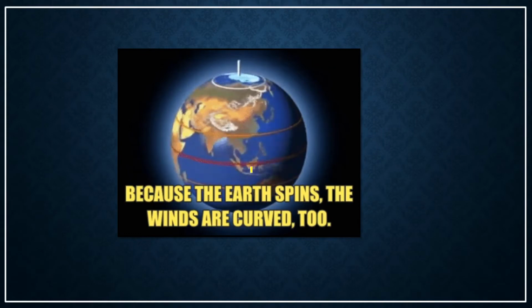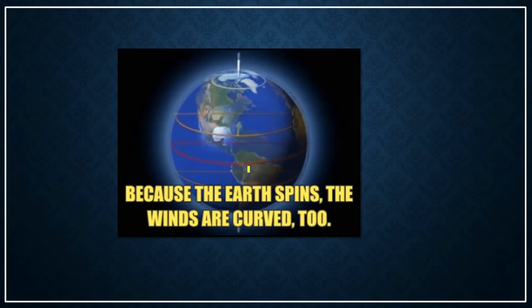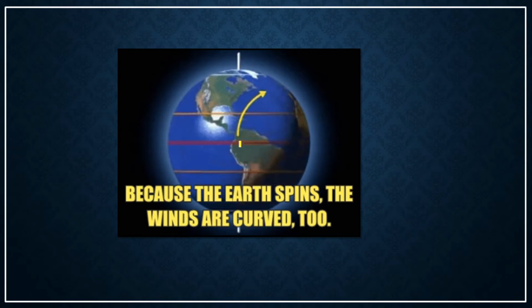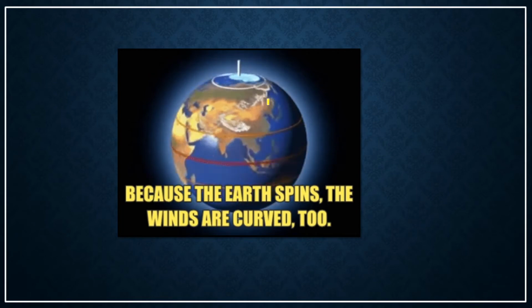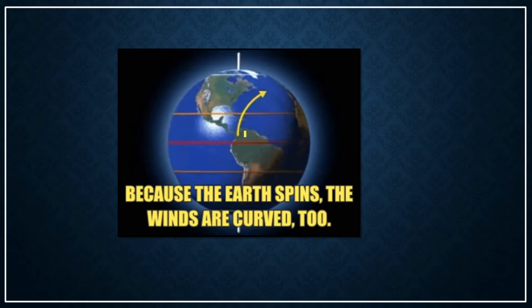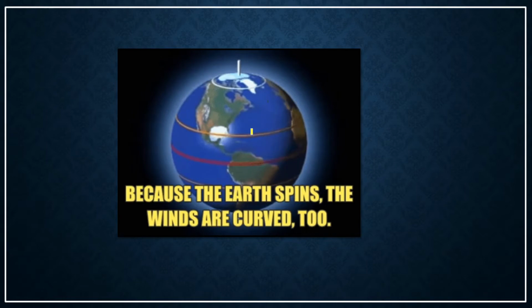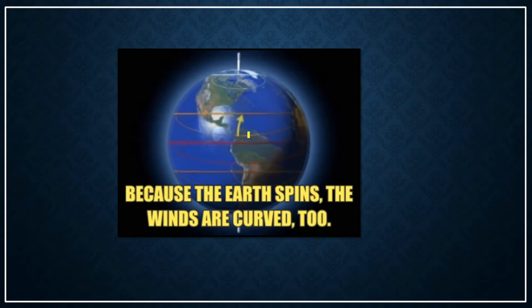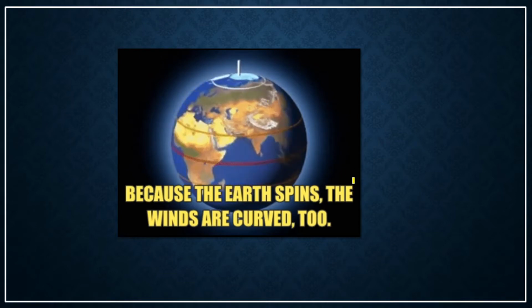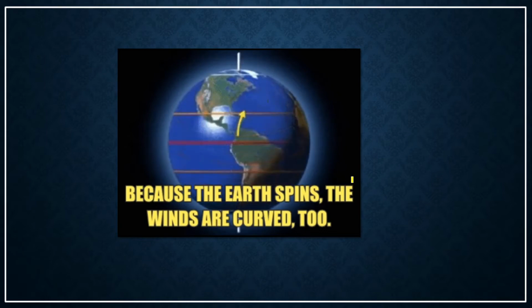Now, here you can see that because of the spinning of the earth, the winds get curved and these winds blow regularly in a definite and particular direction throughout the year. The wind system of the world compels the surface water of the ocean to flow in a particular direction.